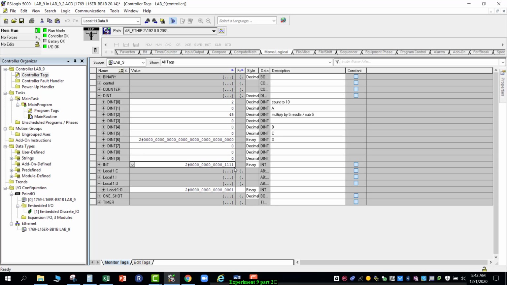Basically, my first register is counting to 10 for part 1. You notice down here, my output data table is indicating that I'm in step 1 of my process. I reach the value of 10. It puts that value here into A, and then it starts counting down. As you can see, I started process 2.